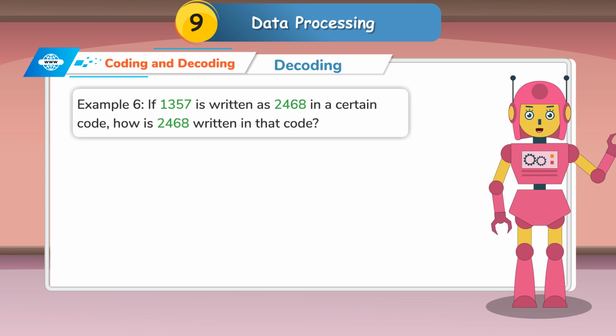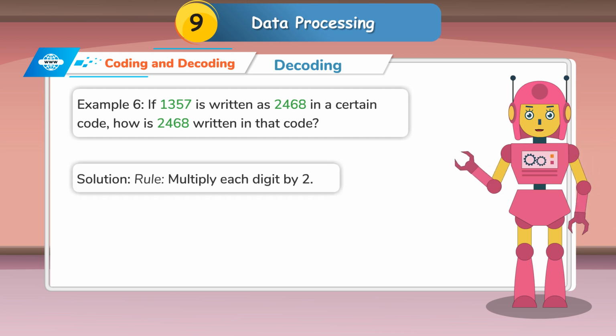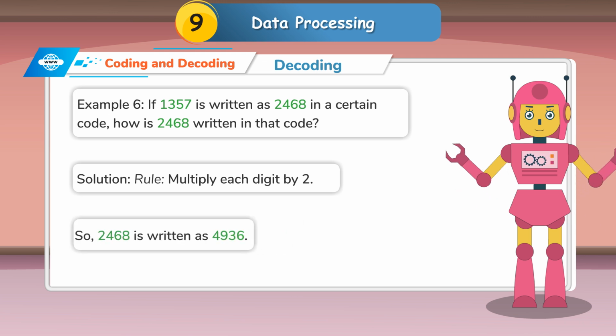Example 6. If 1357 is written as 2468 in a certain code, how is 2468 written in that code? Solution. Rule. Multiply each digit by 2. So, 2468 is written as 4936.